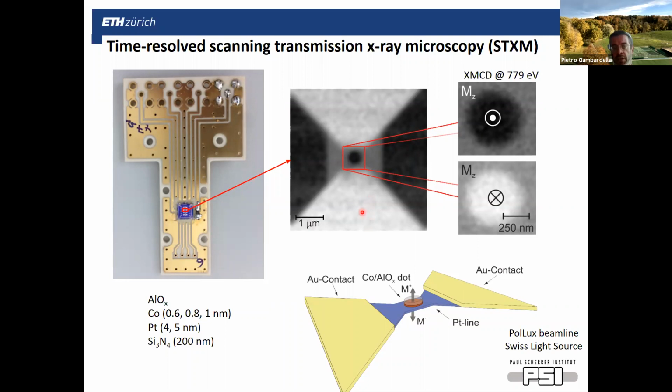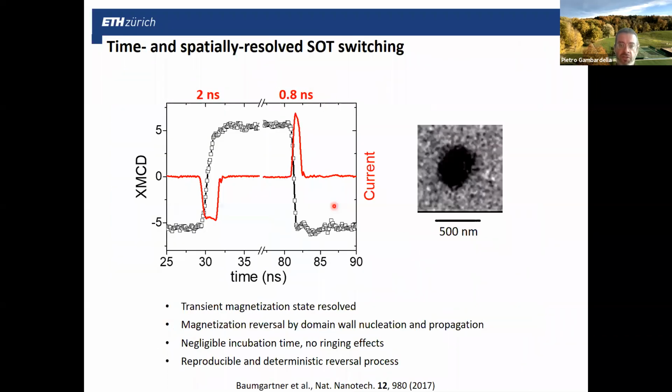Okay. And then by changing the light polarization, we also achieve magnetic contrast by the X-ray magnetic circular dichroism effect. Okay. So you see here magnetization pointing up and down. And if we image this system as we pulse the current through the platinum strip, okay, here you see a negative current pulse followed by a positive current pulse.